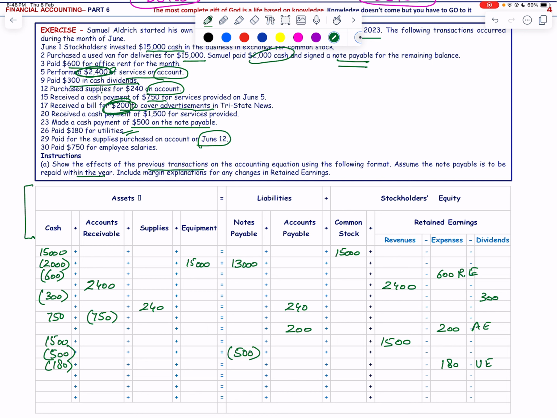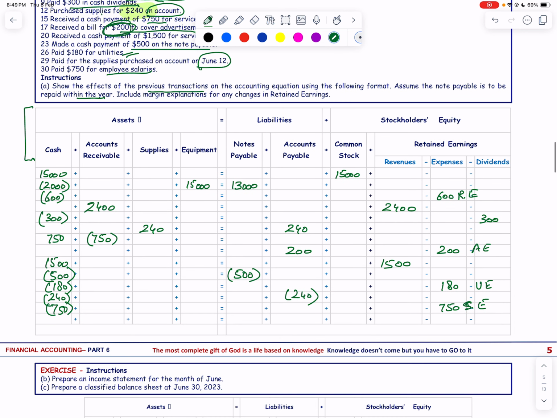On June 12, we have purchased supplies for 240 and we are paying this amount. So cash will be minus by 240 and accounts payable will be decreasing by 240 as well. Then we are paying salaries of 750, so cash decreases by 750 and this is an expense for salaries expense.